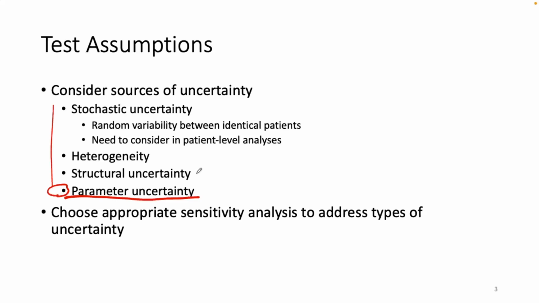Now, there's no perfect way to build these models, and we kind of make it up as we go. Those assumptions refer to the structural uncertainty. But these first three often aren't evaluated in cost-effectiveness models. They can be important things to evaluate, and I want to point them out, but the thing that gets evaluated every single time, every single paper, is parameter uncertainty, and that's what we're going to talk about today.